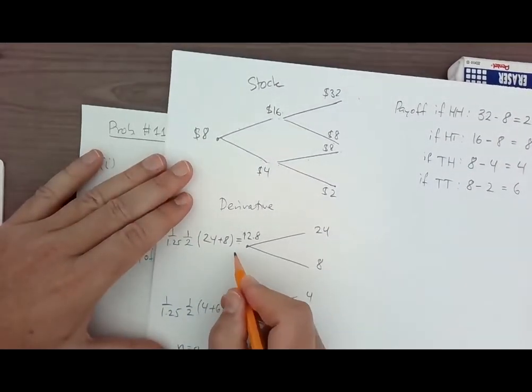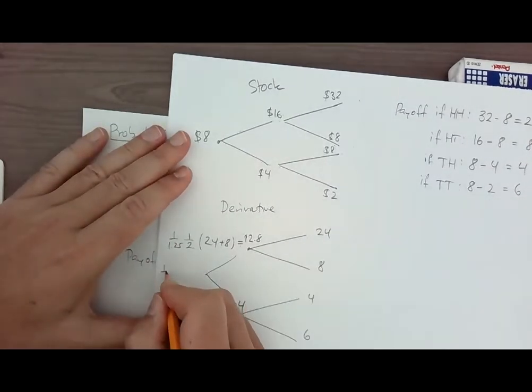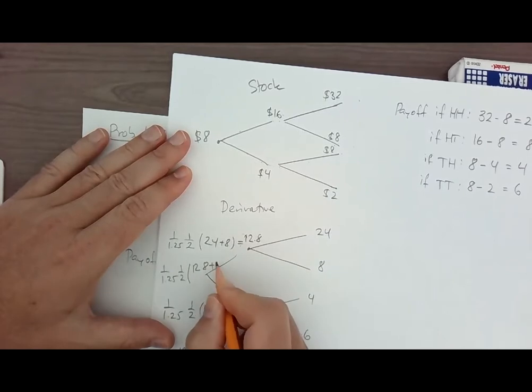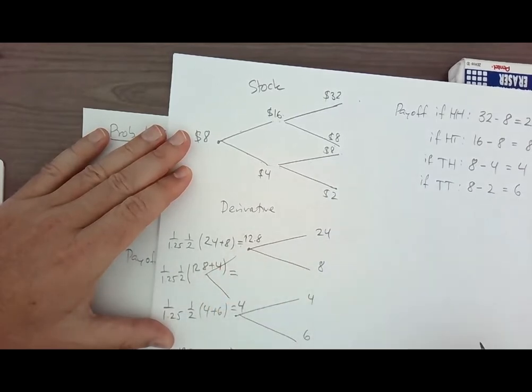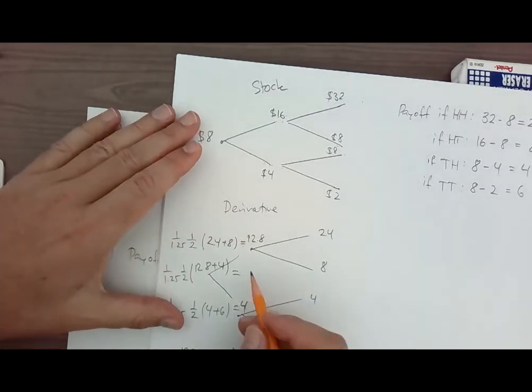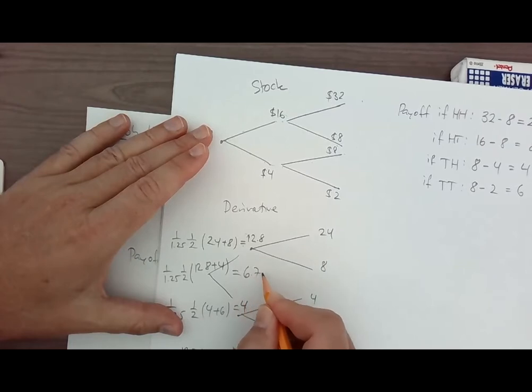So we take these two, we combine and do the same calculation. So 1/1.25, 1/2, and then 12.8 plus the 4. This will be, if I did it right, 6.72.